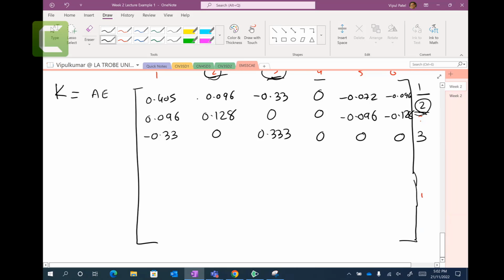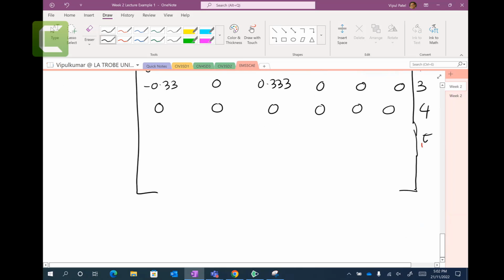Now let's do the 4. 0 0 0 0 0 0 4. 5 6. Minus 0.072. Minus 0.096. 0 0. 0.072. 0.096. Minus 0.096.